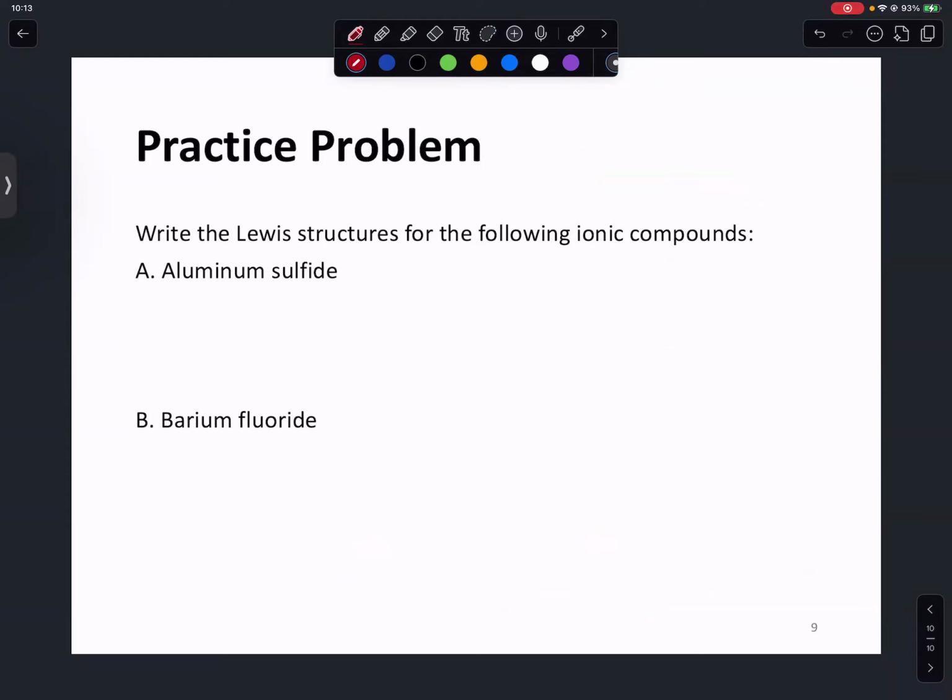And we have here starting with aluminum sulfide. So we have aluminum is Al3 plus, and then sulfide is 2 minus. If we do the crisscross method, it becomes Al2S3. So in this case, if I have 2 aluminum, so let's go back.